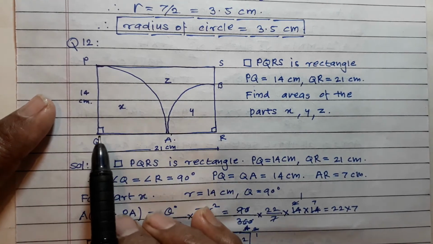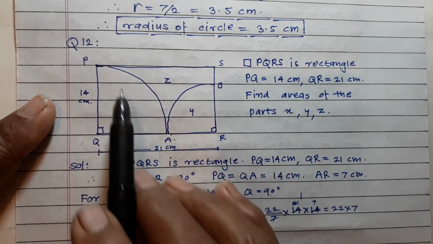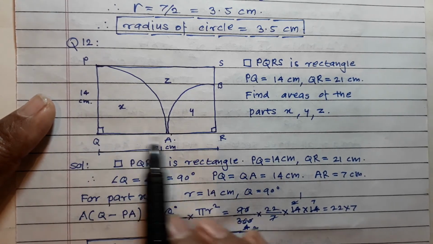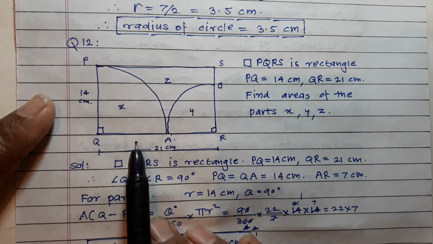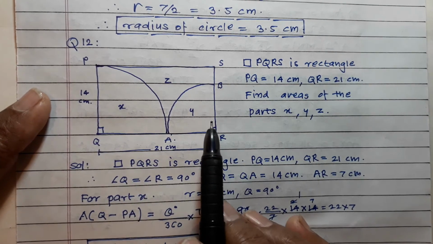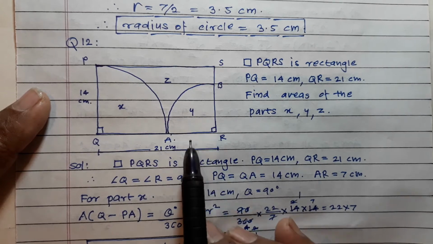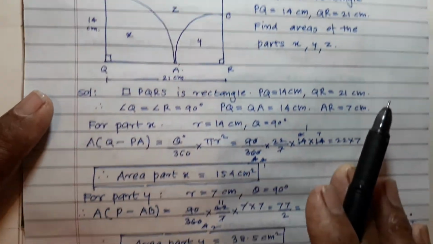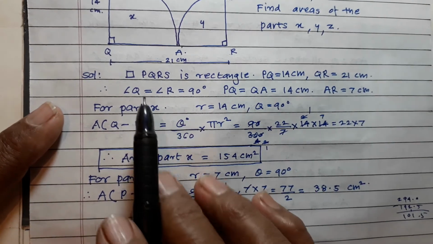Now in this case, this is the center of the sector and this is the radius, and therefore QA is equal to 14 centimeter, QR is equal to 21 given, and therefore AR is 7 centimeter. Okay. Now try to understand the solution.